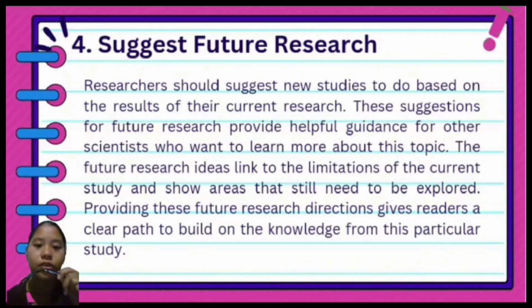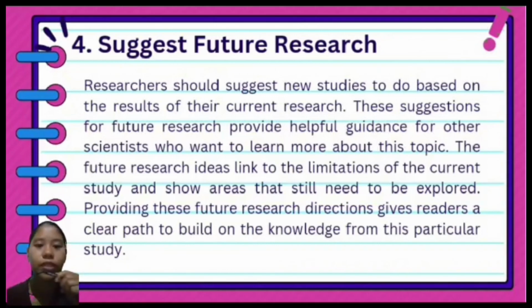The future research directions are connected to the limitations of the present study, things that the researchers weren't able to fully explore or answer. By providing these future research ideas, the researchers are giving helpful guidance to other scientists who want to learn more about this topic and build on the knowledge gained from this particular study.